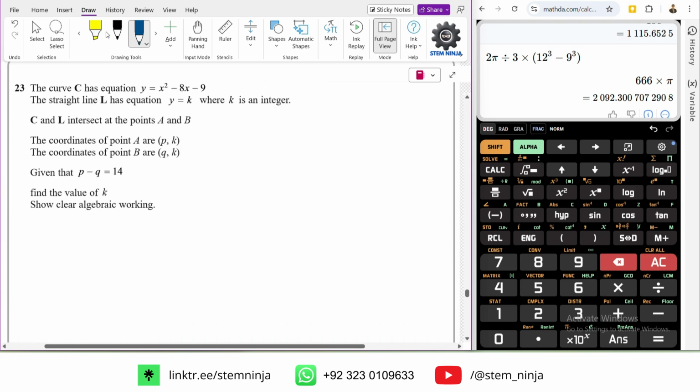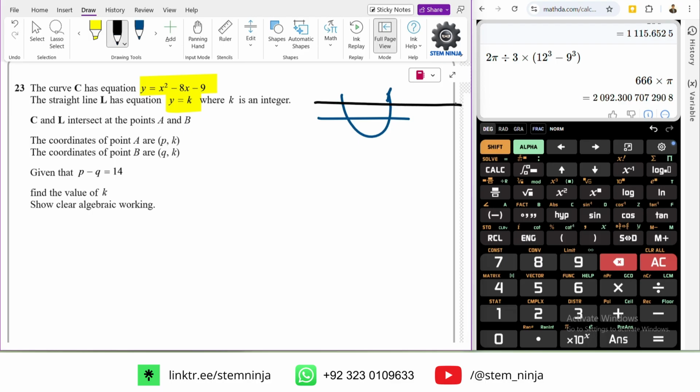Right, okay, so the curve C has equation y equals x squared minus 8x minus 9. The straight line has equation y is equal to k. That means it's a horizontal line. So if, for example, this is the quadratic, the straight line is maybe somewhere over here.